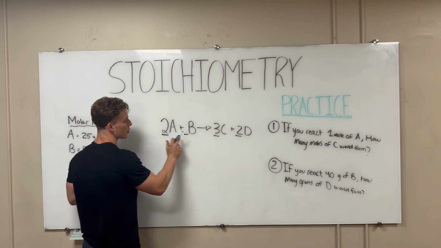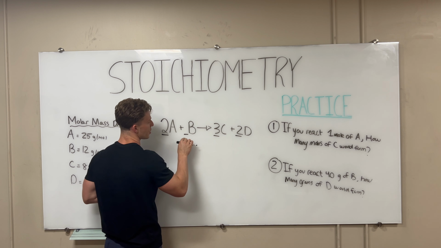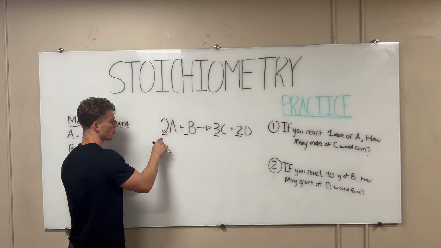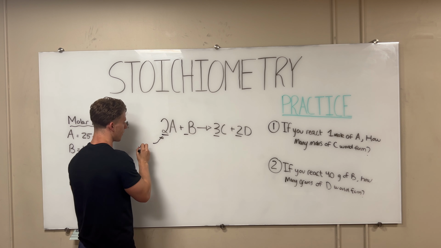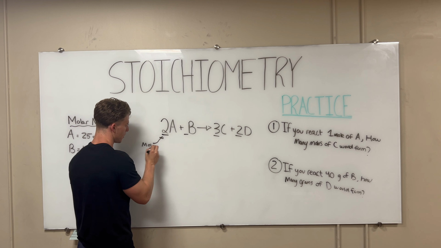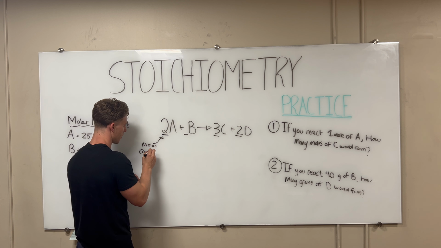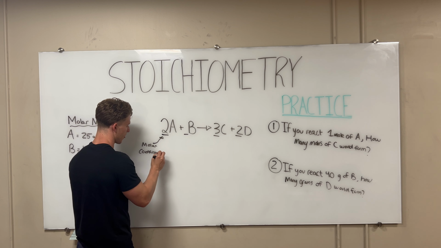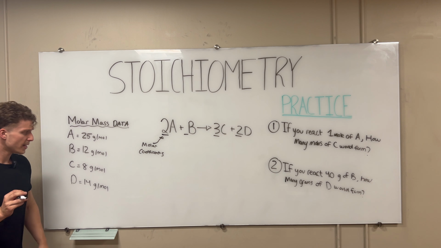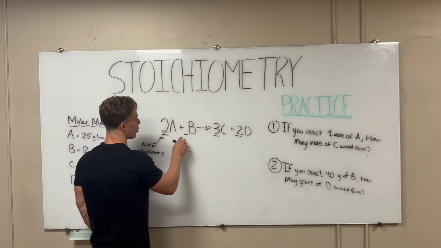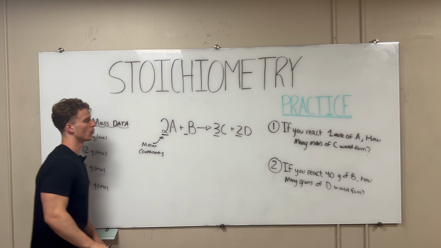So these numbers are going to be very important, right? If there's nothing there, we understand that to be a 1, right? We call these our molar coefficients, okay? And it's really important that we have these molar coefficients labeled in our chemical reaction.